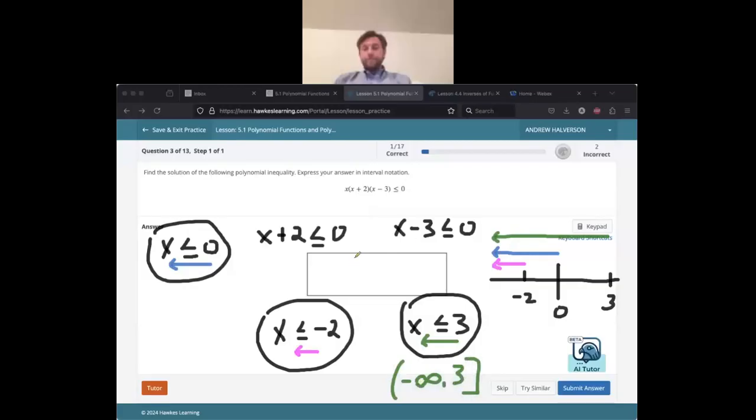That's it. That's the answer. So we don't need 3 separate intervals. We just need the one that works. One captures them all for this one. Cool? Feel good? Not too bad, I hope.